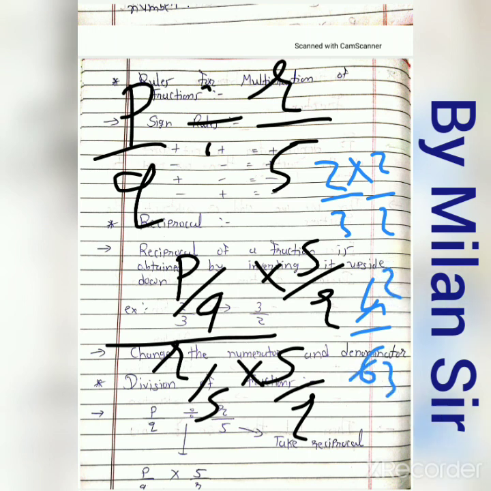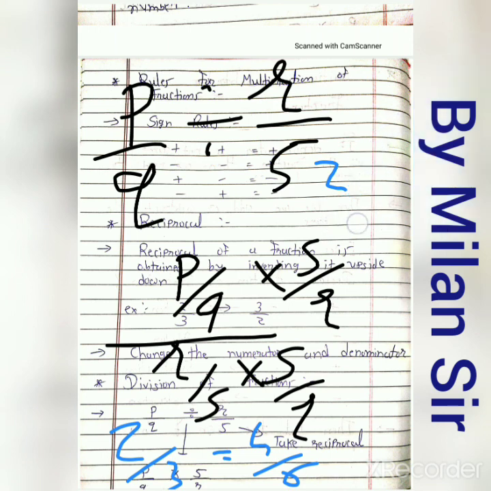So it's the same. That means 2 by 3 and 4 by 6 are both the same. What we do here is just multiply and divide with the same number. So if we multiply and divide with the same number, our equation remains the same.